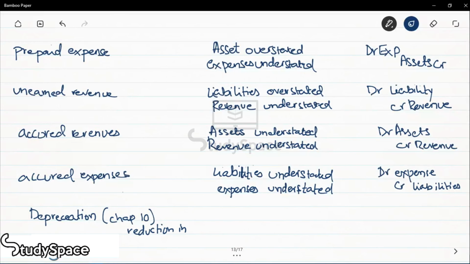As the asset is used over time, it becomes less and less efficient, and therefore we reduce the asset's value by bringing it down to its fair value. So for example, if we bought an asset for 5,000 in 2012, we would depreciate it by 3,000 to bring it down to its fair value, that would be 2,000 for 2017.